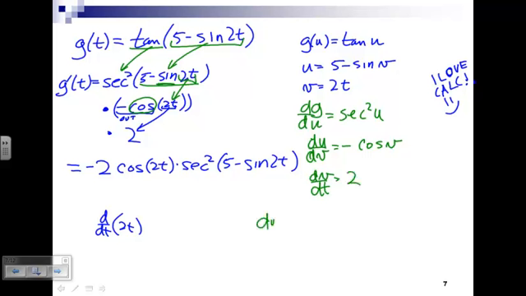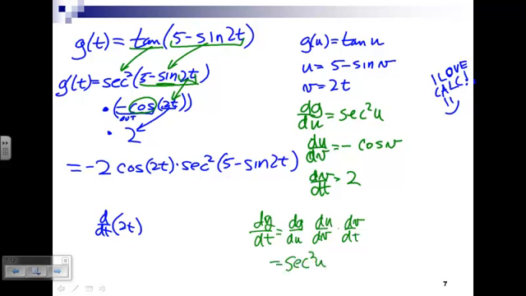And so dg with respect to t would have been dg/du times du/dv times dv/dt, which would have been secant squared of u times negative cosine of v times 2.